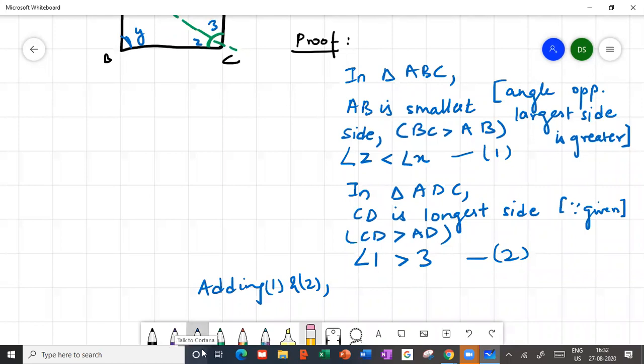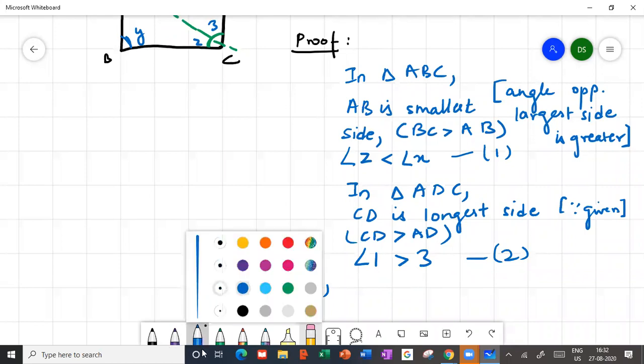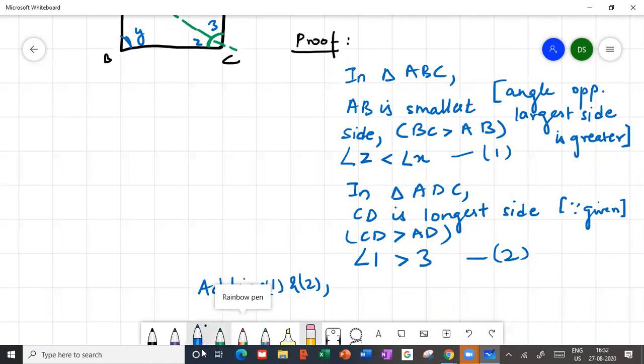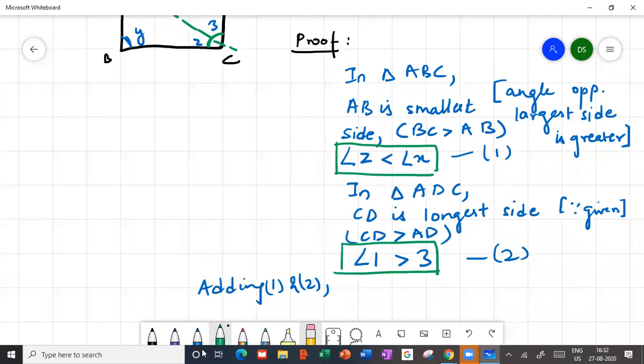Why? If I'm going to ask you this question, why can't I add them directly? One is a variable, one is a constant. No, nothing like that. This is angle 3 and angle 1. The thing is, if you see, there are different signs. So what will the sign be if I add the two? Will it be less than or will it be greater than? Which sign will I take?